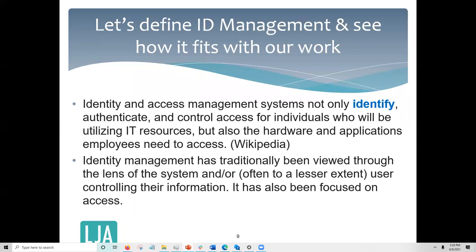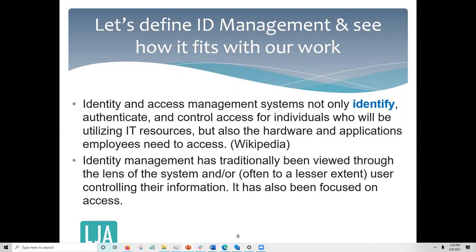So let's identify identity management and then see how it fits in with our work, with this sort of concept of identity that's more expansive than that. I think Wikipedia has a really good definition of this because they address all aspects of identity management.